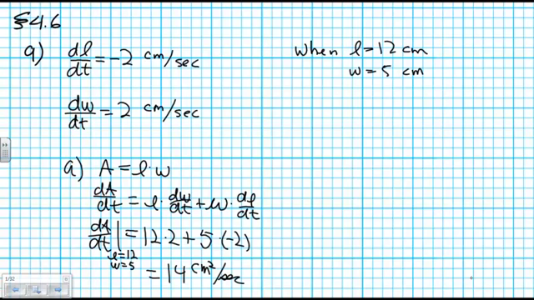All right. In part B, we're asked to find how the perimeter is changing. Well, again, let's start with writing out the perimeter equation: 2L plus 2W.